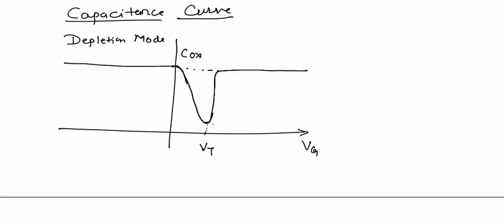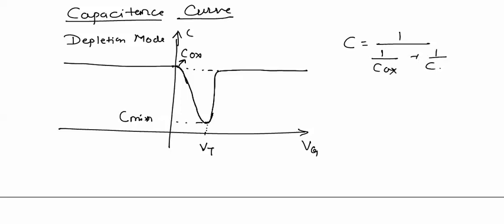This is the capacitance curve. The maximum capacitance is C oxide and this is the minimum capacitance. This minimum capacitance will be C equal to 1 upon C oxide plus 1 upon CD minimum, and CD minimum will be equal to epsilon naught into epsilon silicon divided by XD maximum.